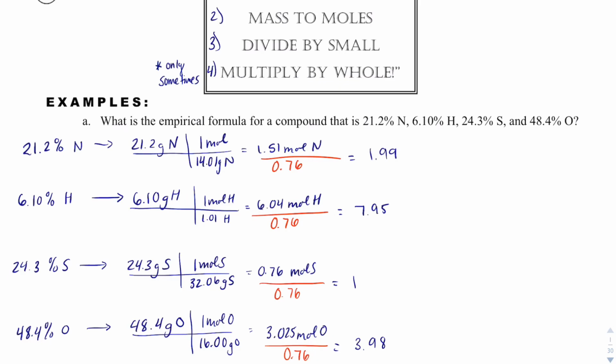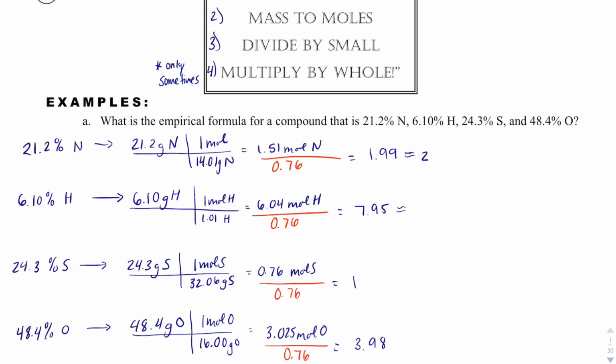Okay, so these are the numbers. And a good rule of thumb is that if a number after you divide by the smallest is within a tenth of the next whole number, so 0.1 within the next whole number, you can round to that number. So this 1.99 will be 2.